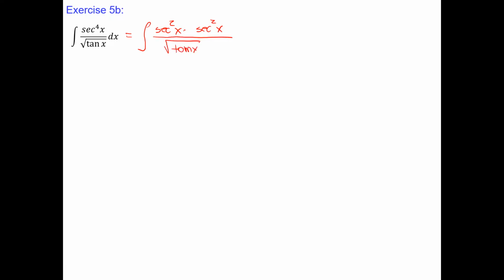Okay, now we know that the derivative of tangent of x is secant square. I can say this, secant square of x over tangent of x, and I can hold one of the secant squares to be du, if we let u be tangent.